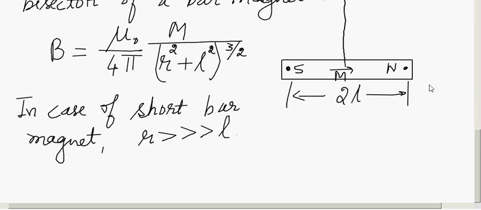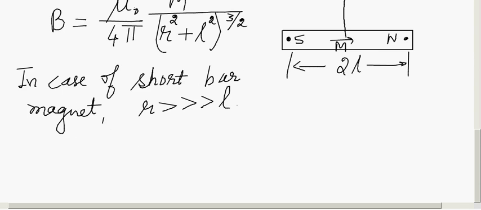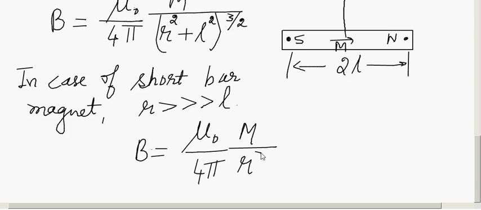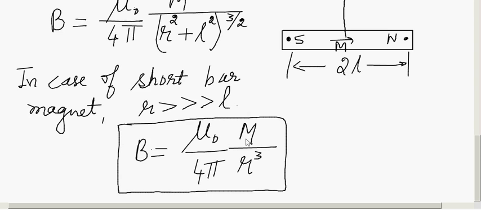B will become mu naught by 4 pi into m by r cube. These are the two cases wherein we are finding magnetic field B of a bar magnet on the axis and at any point on the perpendicular bisector of the bar magnet.